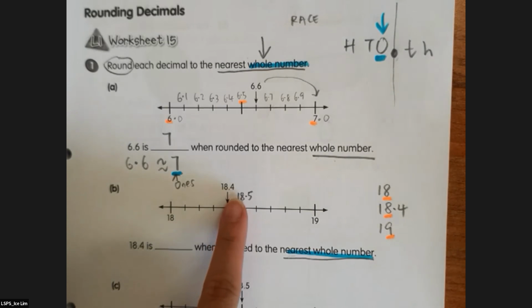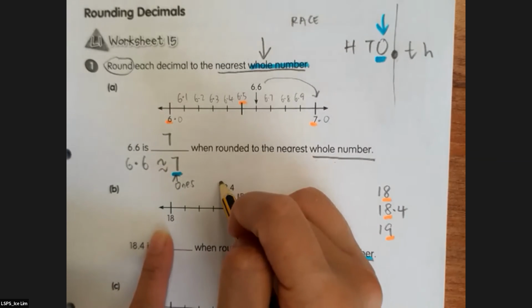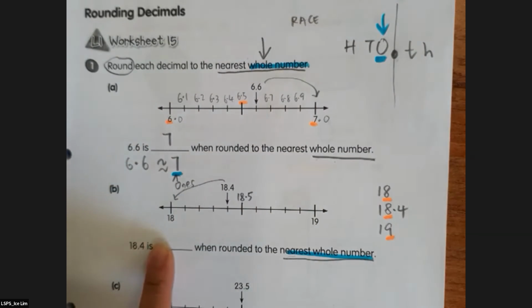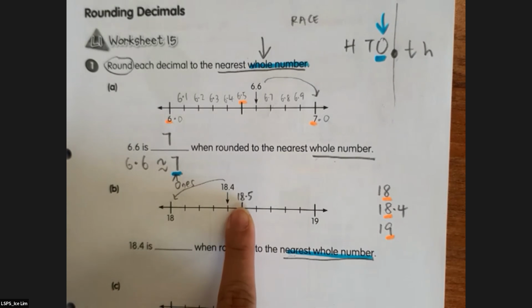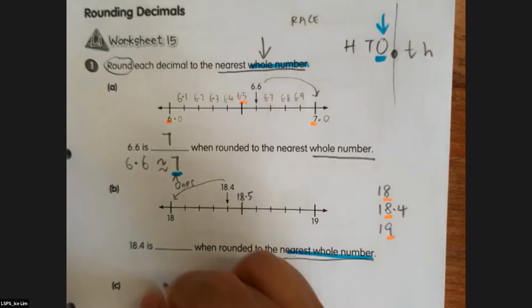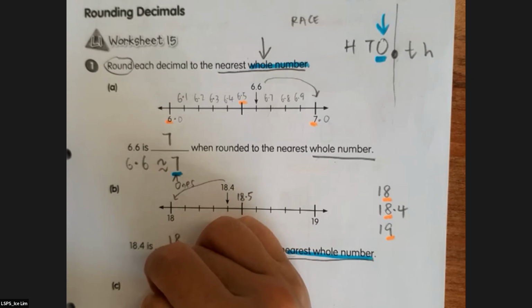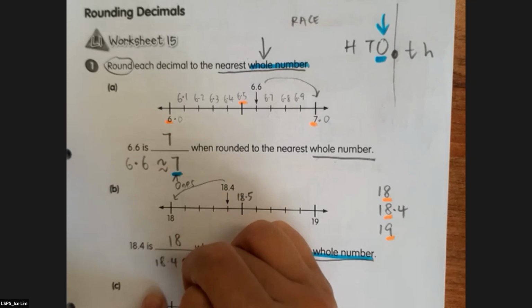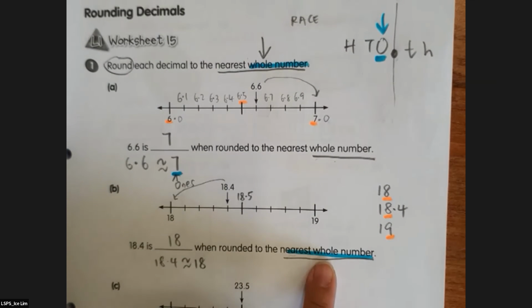Looking at 18.4, it is closer to 18 than to 19. Why? Because the midpoint is 18.5, sorry. So I'll round to 18. 18.4 is rounded to 18 when rounded to the nearest whole number.